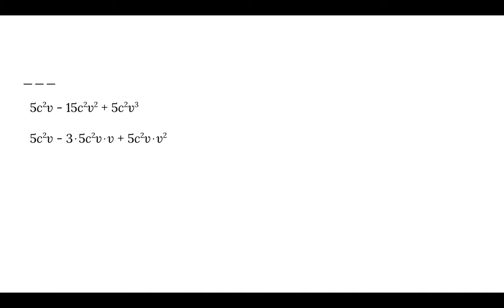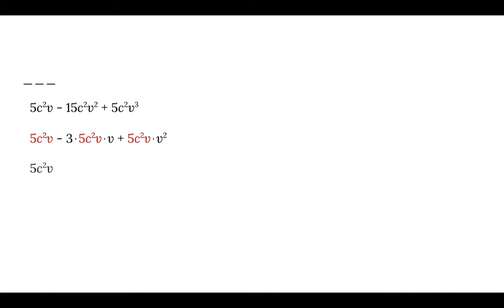And then the last term, I went ahead again and wrote down 5c squared, and I broke out one of the v's from the v cubed and left the v squared. And I did this because I'm already writing out what my greatest common factor is between all 3 terms. What each one of these has in common is a 5c squared v.